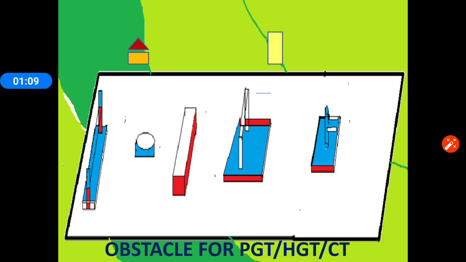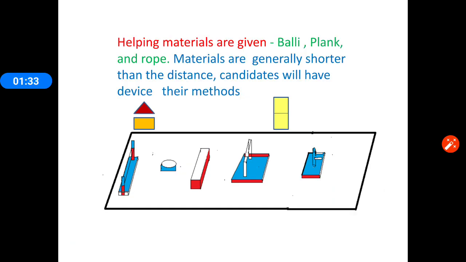So first of all, you will be taken to an obstacle system. These obstacles are imaginary. These are made of brickwork, tires, drums, and these are painted in different colors, with a definite color code, and these are all outdoor exercises.